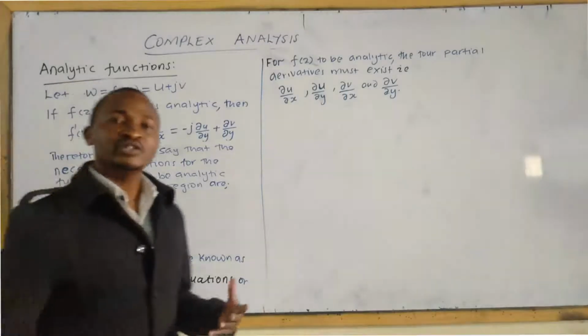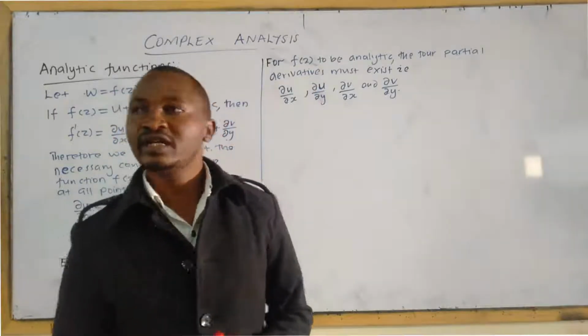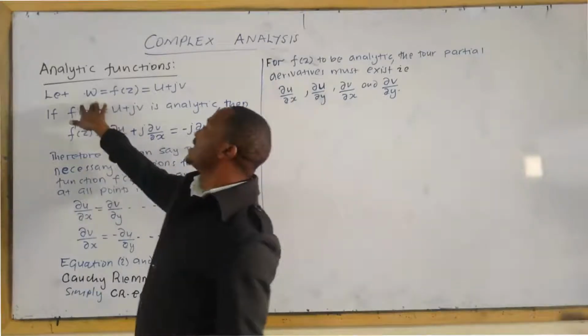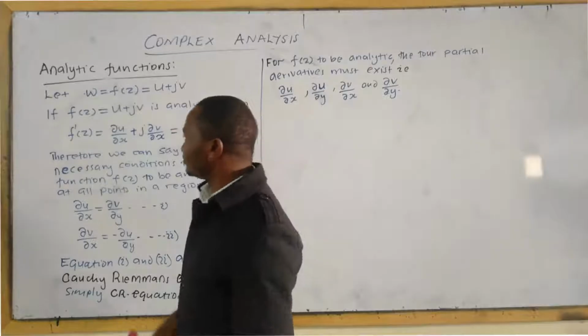Remember, in the previous video, we discussed a function of complex variable, and we said a function of complex variable can be expressed as w is equal to a function of z, which is equal to u plus jv.